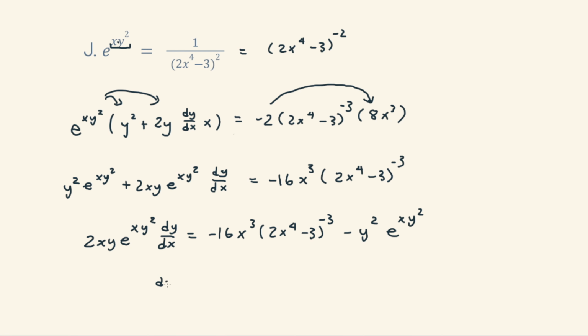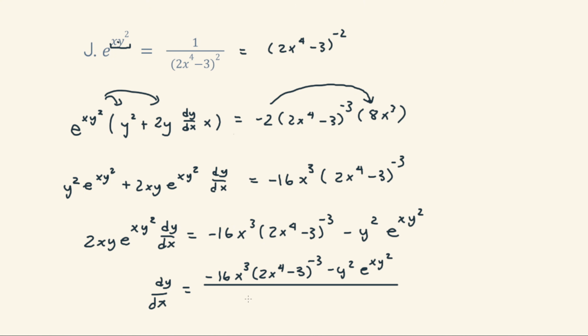Okay, so dy over dx is equal to minus 16x cubed times (2x to the 4 minus 3) all to the minus 3 minus y squared e to the xy squared, all divided by 2xy e to the xy squared.